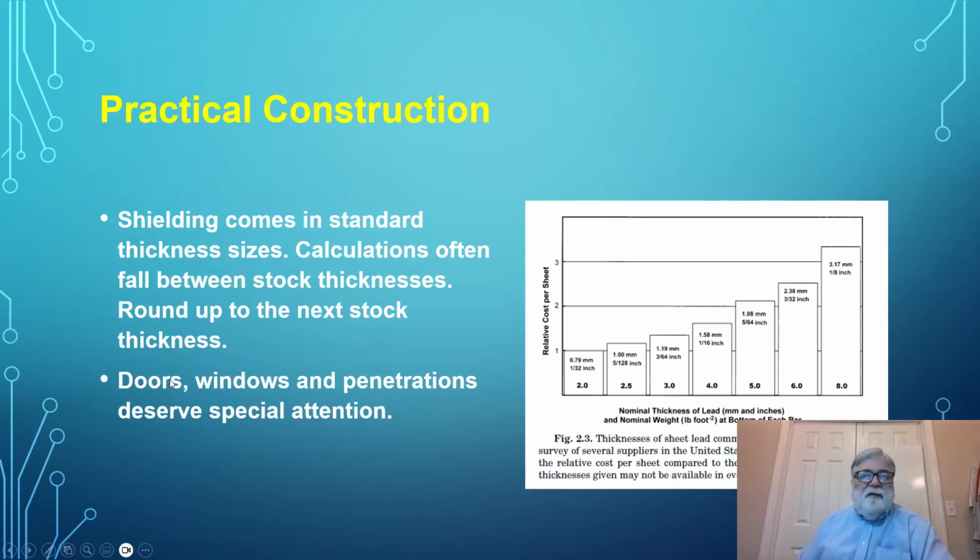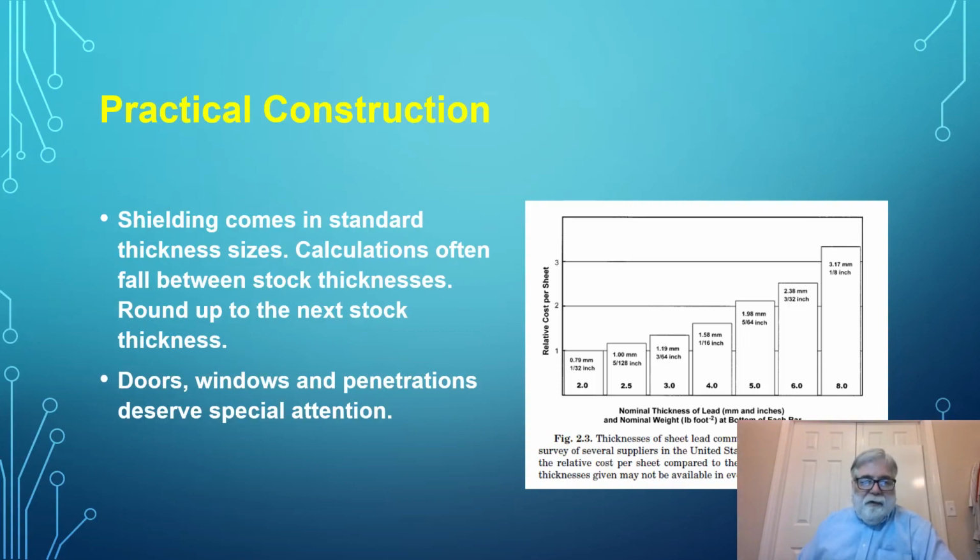When you're doing these designs, you need to specify details, things like door jambs to make sure that there's no gap in the lead. If you have a door and lead lined wall, then the jamb around the door has to provide adequate shielding so that there's no streaming through the holes. You need to pay attention to the way that so that you don't have holes through it because of drywall screws.